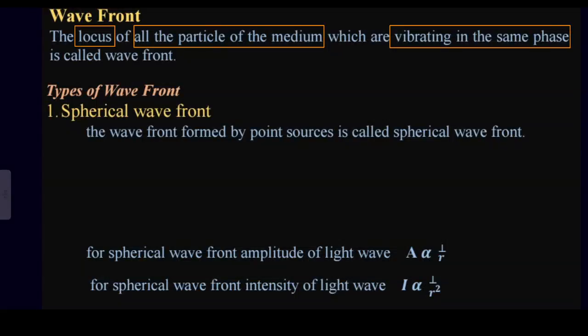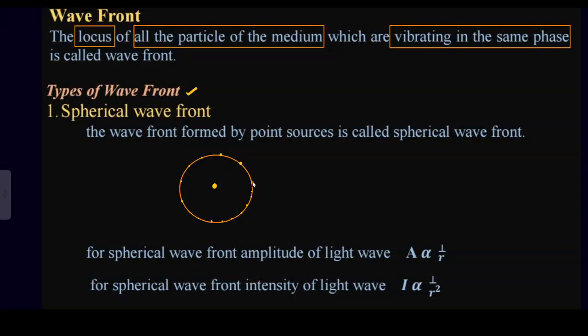There are different types of wavefronts. One is the spherical wavefront. For example, we take one point source. If we take points that are all equidistant from the source, these points will vibrate with the same phase.